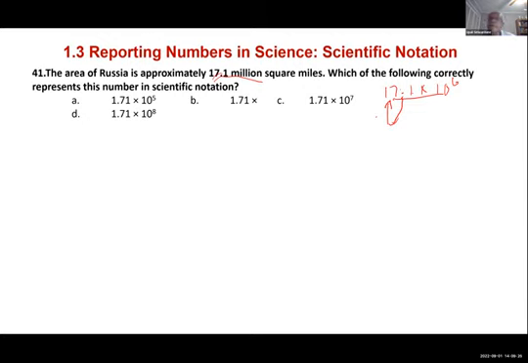If you move one place to the left, it becomes positive 1, I'm sorry, it's positive 1.